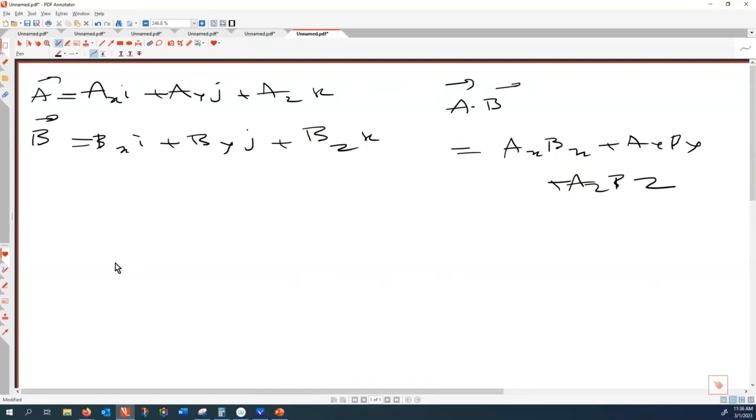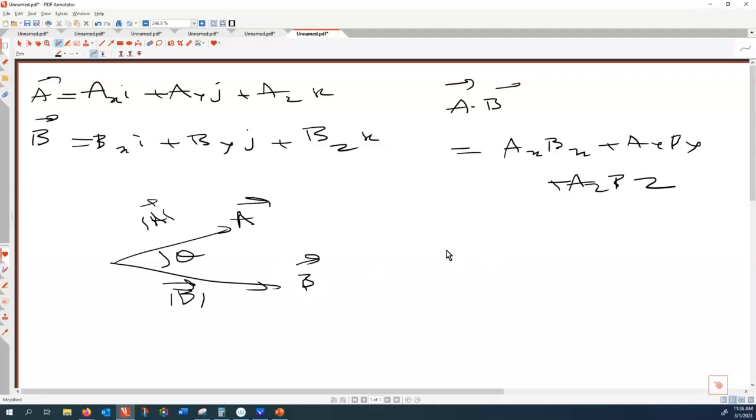Or if these vectors are provided by their magnitude and the angle between them, A dot B is magnitude of A multiplied by magnitude of B dot cos theta. And then what this represents? This represents the projection of this one over that. And what is the nature of that? The nature is a scalar. It's not a vector. It's a number.